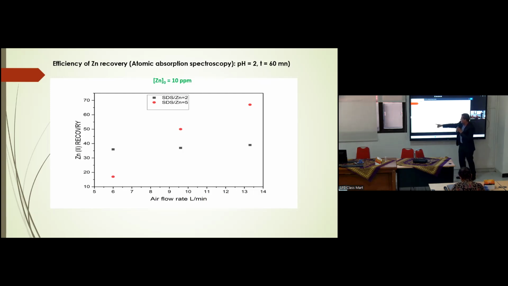Even if I increase the number of bubbles, it's still constant and does not reach 35. It's low efficiency. But if I add some amount to have ratio 5, I can increase. But I'm still at 70%, not 100.